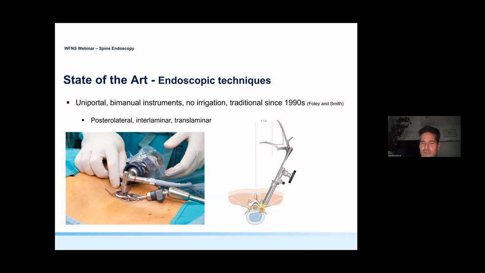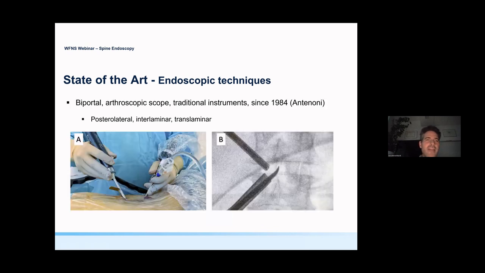You can also perform fusion procedures using this technique, with an approach that is probably pretty similar to what we saw from Dr. Harrison Kim previously. And then lastly, the biportal endoscopic system that was first described by Antoni in 1984.